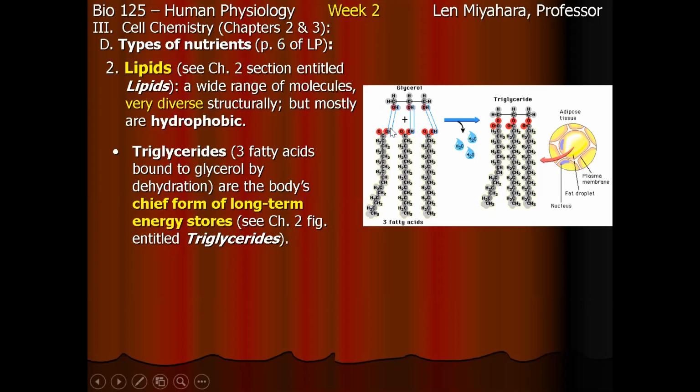And if each one binds, well, what kind of reaction is this, by the way? Anabolic? It's anabolic, building up, but from those metabolic reactions, what is the specific name of that reaction? Condensation. Those are 3 condensation reactions yielding 3 waters.